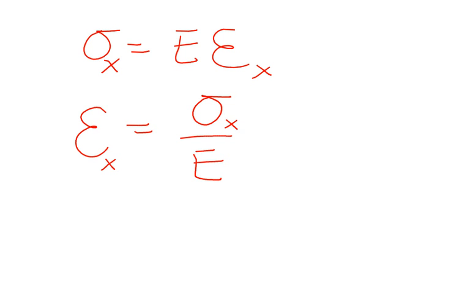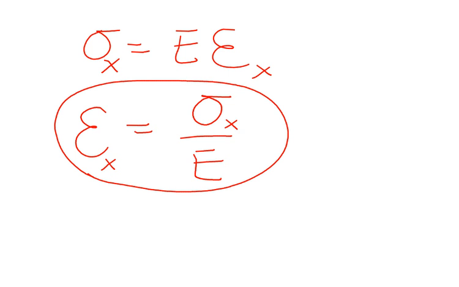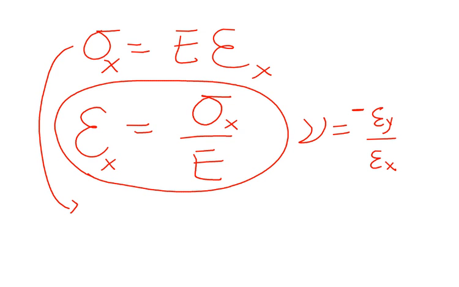The strain in the x direction due to my stress in the x direction is that. Correct? And then we know that when you apply the stress in the x direction, what happens in the y and z direction are determined by Poisson's ratio. So we had Poisson's ratio is equal to negative of epsilon y over epsilon x, right?